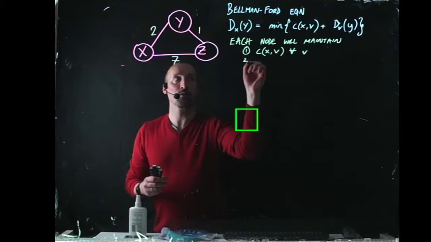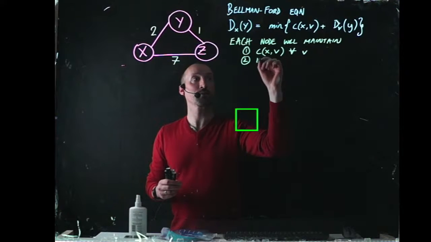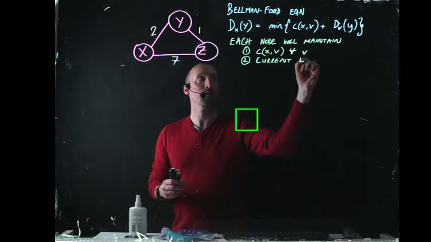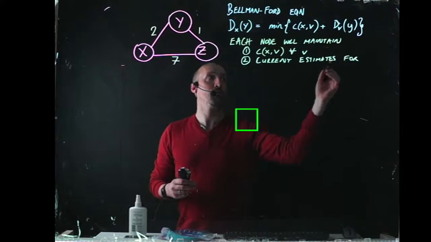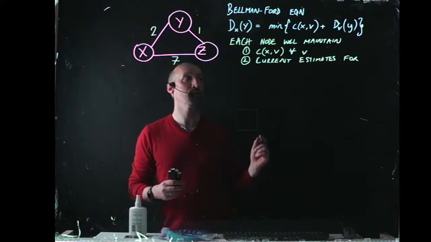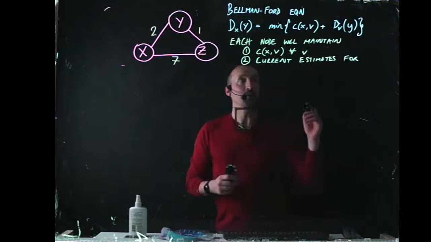And number two, they'll maintain the current estimates for getting from each neighbor to a final destination node in the network.